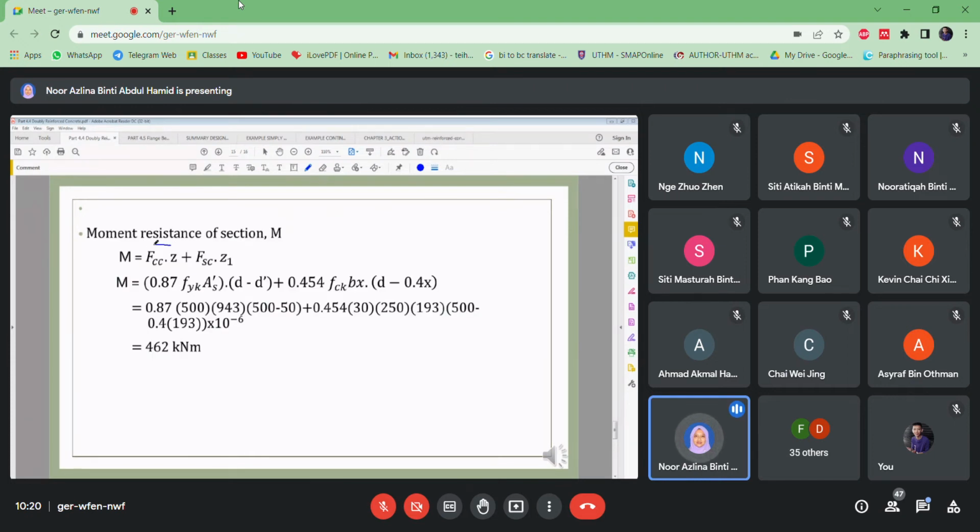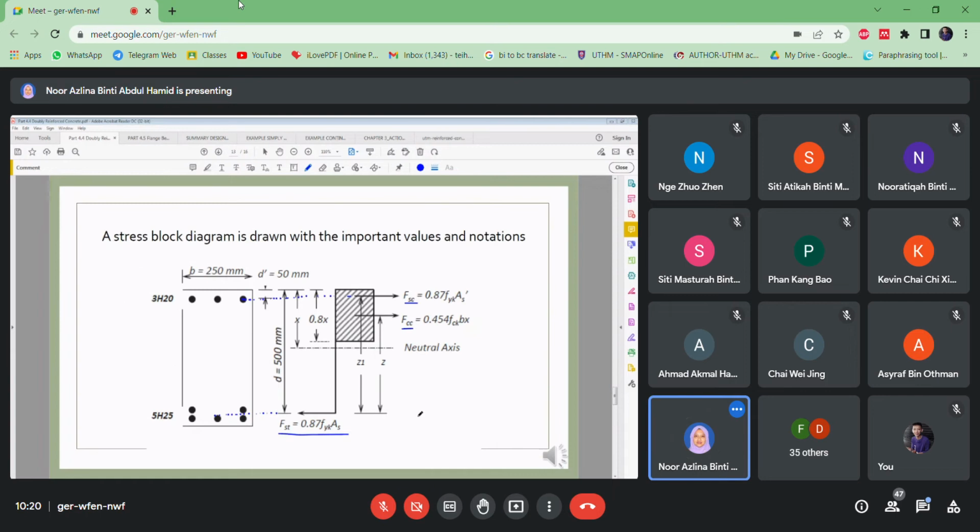Okay, so moment resistance. So this is the main question. Okay, right? So you need to determine the moment resistance for the beam section. This is from the FCC Z, FSC Z1, which is you take moment at this point, right? So that means you calculate what is the moment at this point by multiplying all the forces FCC and FSC.